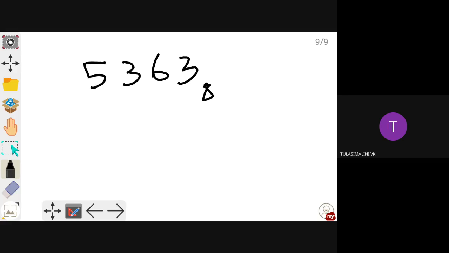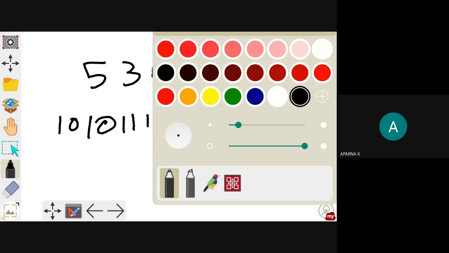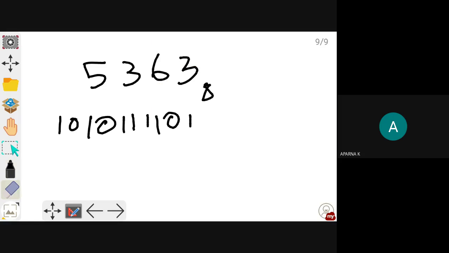How will you represent 5 in binary? 101. And 3? 011. And 6? 110. And 3? 011.